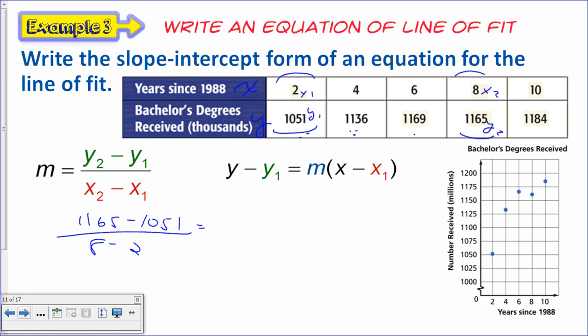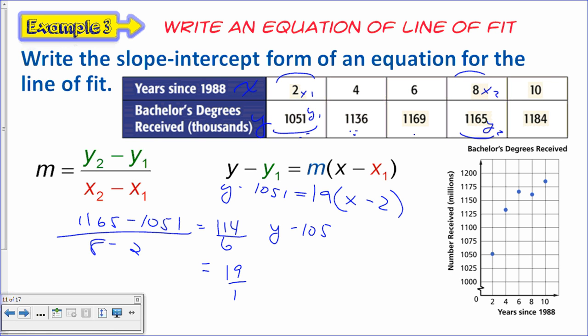Somebody do this for me on the calculator. 114 over 6. Reduce that to be 19. Okay, so I'm going to put 19 there. I'm going to use 1051 there, and then x minus 2. 19x, and then that'll be 38.